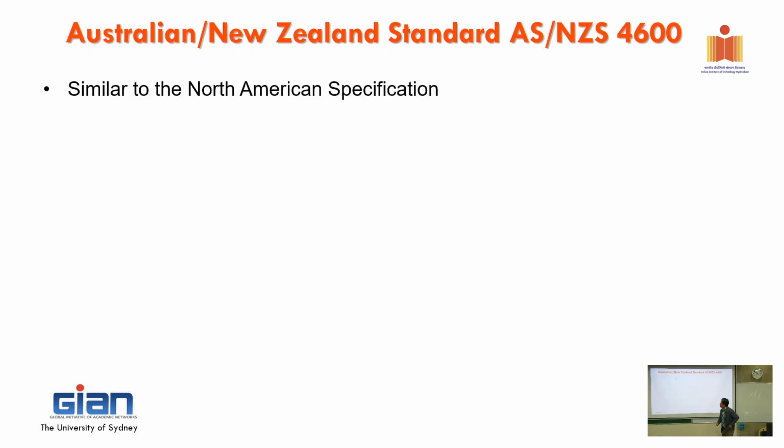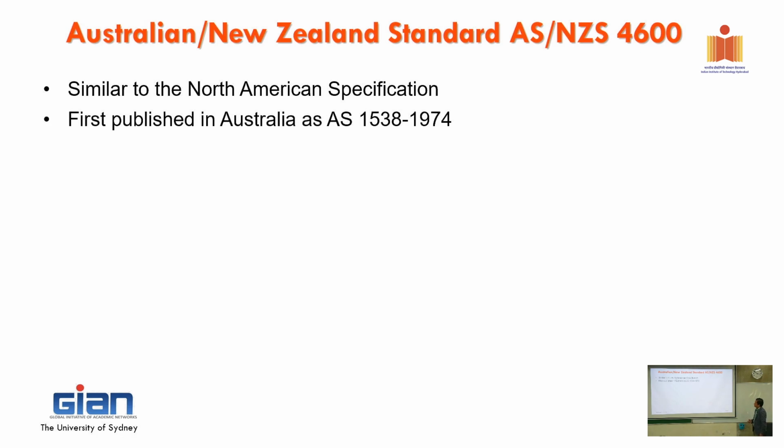Now I'll give you a bit of history about AS/NZS 4600. As I mentioned before, the code is similar to the North American specification, and I already explained the reason behind it. It was first published in Australia in 1974, and the second edition in 1988. Remember, at that time it was just Australian Standard.